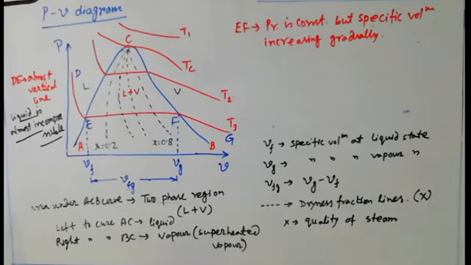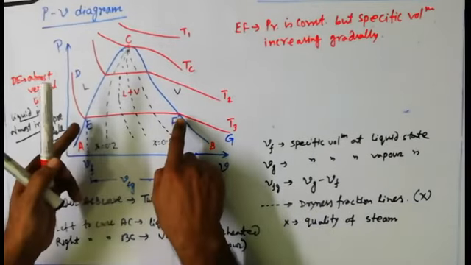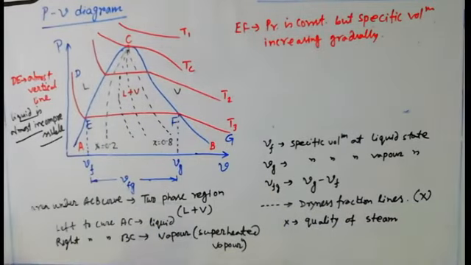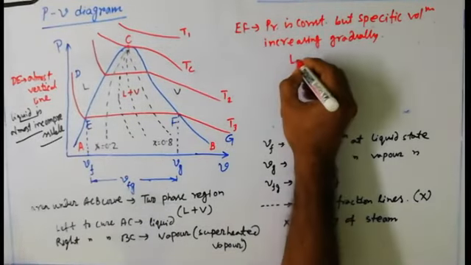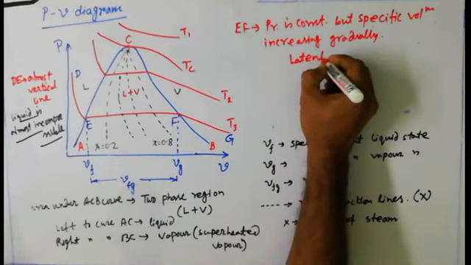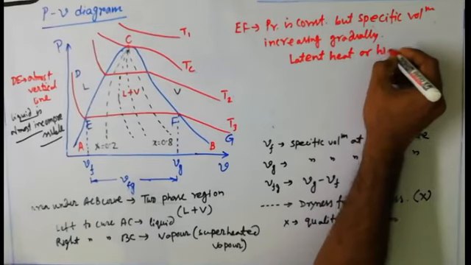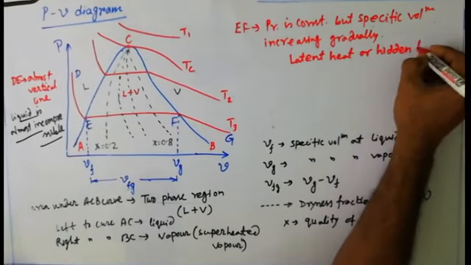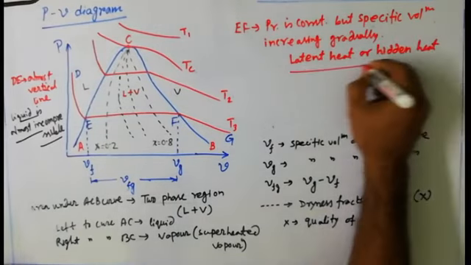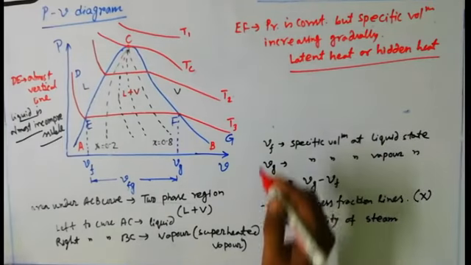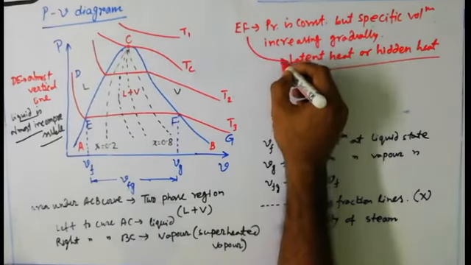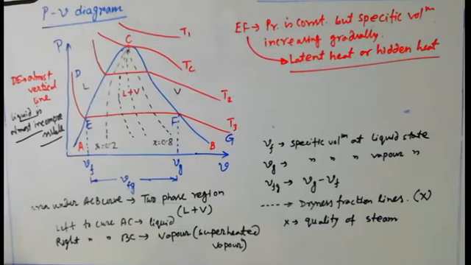Latent heat, I think you know what latent heat is. It is also known as hidden heat because it cannot be measured, because the temperature is remaining constant. So in the EF region the heat supplied is named latent heat.